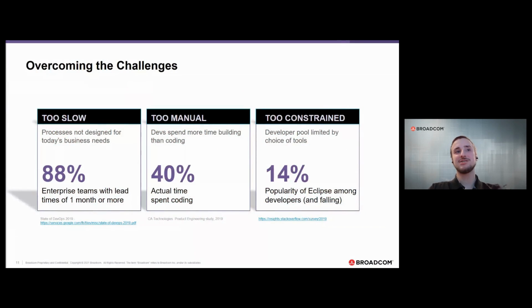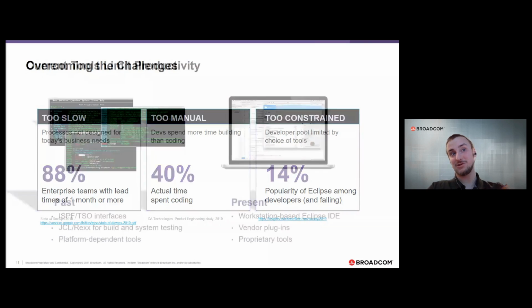So some of the challenges that have faced the platform are that enterprise teams developing are too slow. They need more than a month to get software out the door, and a lot of their time is spent overcoming environmental challenges rather than coding, and they're limited by the choice of tools. That's what we saw when I first started on mainframe.